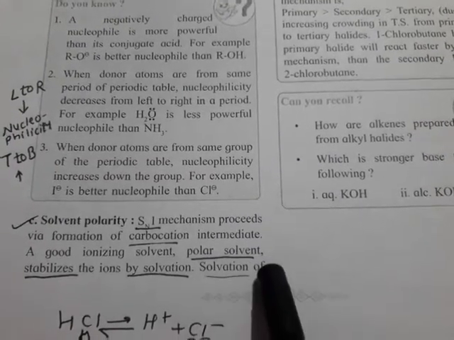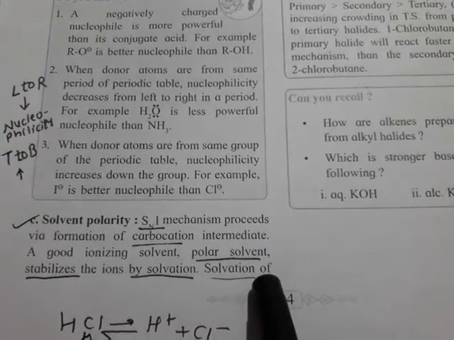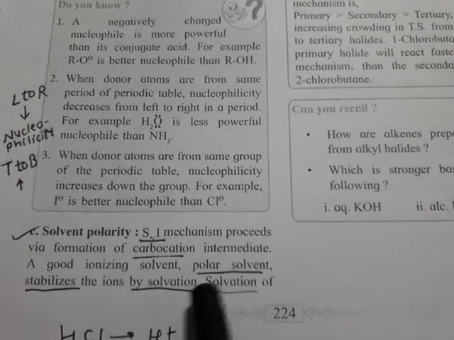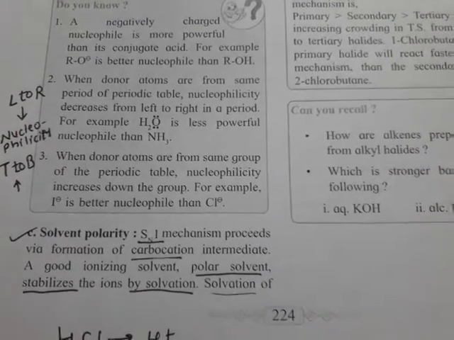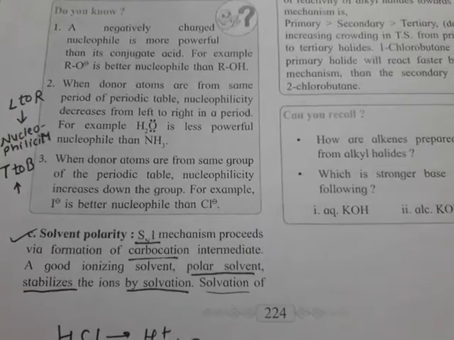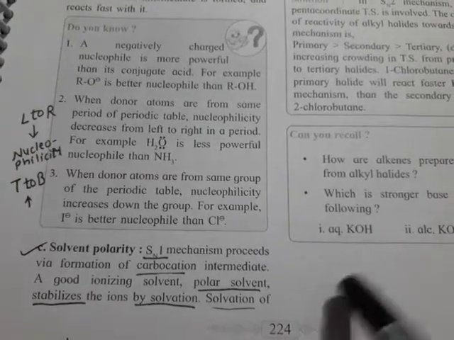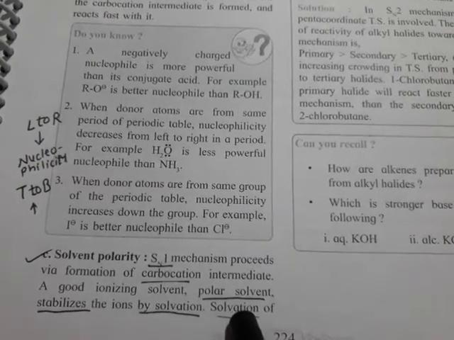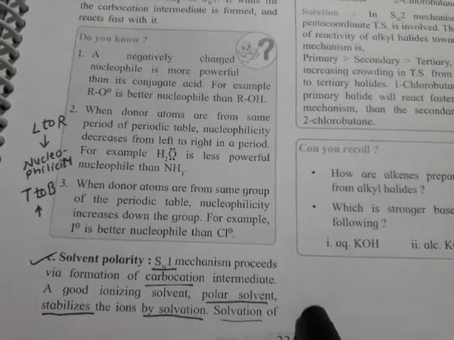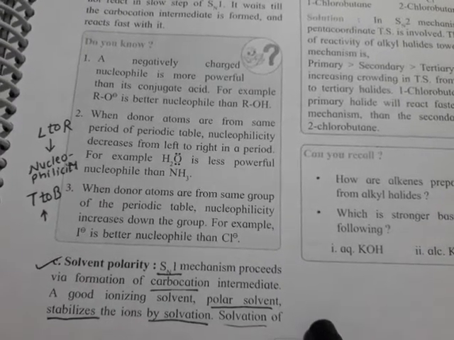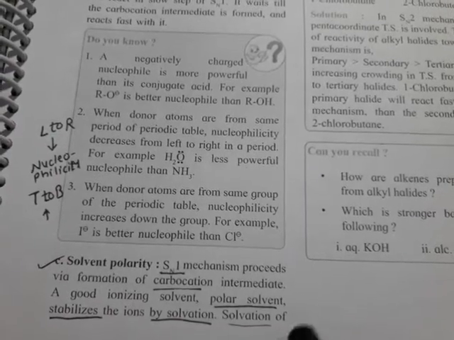So in a polar solvent, breaking of the C-Br bond takes place easily. In short, SN1 reaction is favored by polar solvent, and that polar solvent helps in the breaking of the C-Br bond.